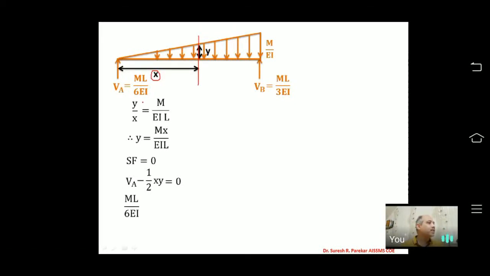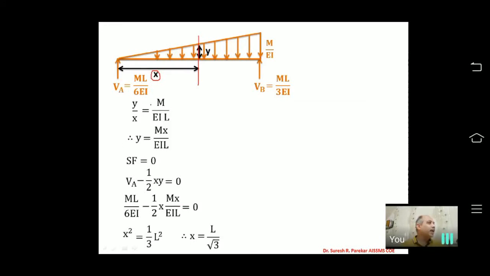VA is ML upon 6 EI. What is x? x is x. What is y? Mx upon EI by L. So I put 1/2 x, and y is Mx upon EI by L, and that is equal to 0. So we get x square equal to L square by 3, or 1/3 L square. So knowing this value of x, I get x as L by root 3.